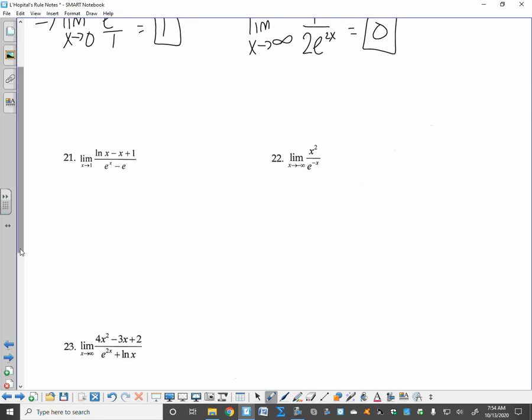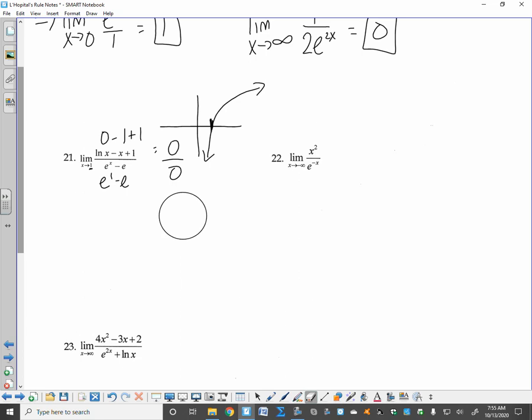21. All right, again, ln looks like that. We're headed to 1. So that's a 0 minus 1 plus 1. So that's a 0 on the top, and then e to the 1 minus e is a 0 on the bottom. So that is indeterminate form, which you would state.